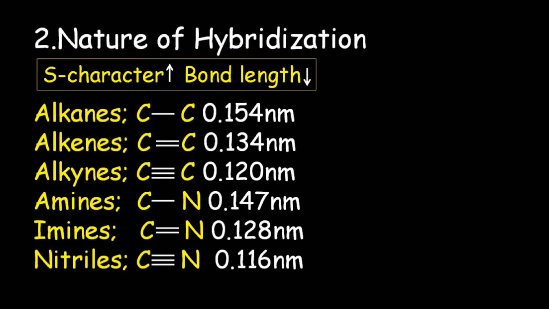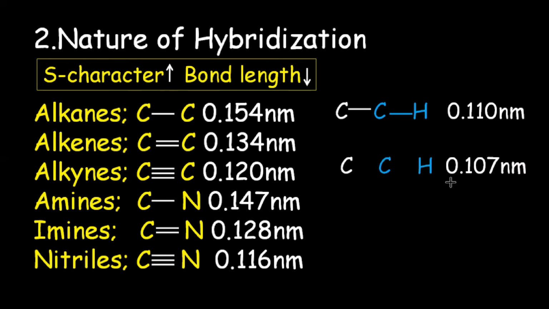Not just the bond lengths of functional groups are decreased due to increase in s character or due to change in hybridization, but also the attached CH bonds are affected. For example, the CH bond next to the sp3 hybridized carbon has a bond length of 0.110 nanometer.